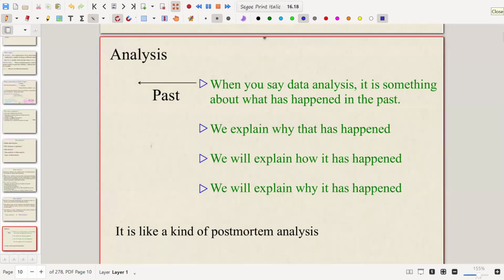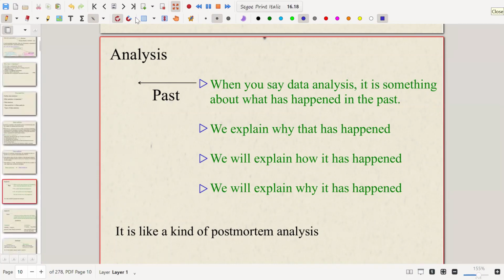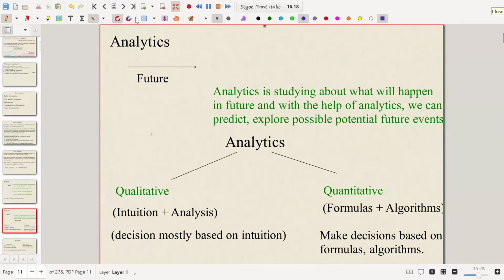So you can see what is data analysis. When you say data analysis, it is about what has happened in the past. We explain why that has happened and how it has happened. It is just like a post-mortem analysis. Whereas analytics is about the future.